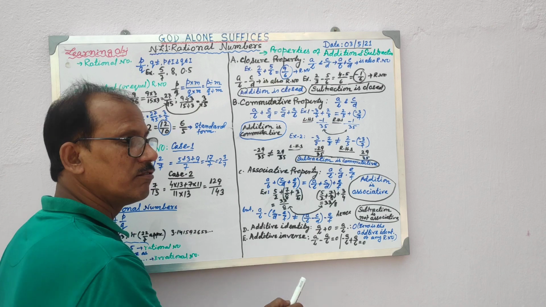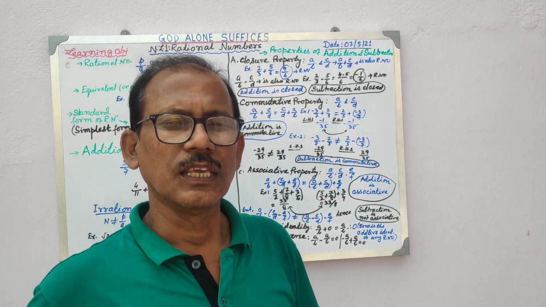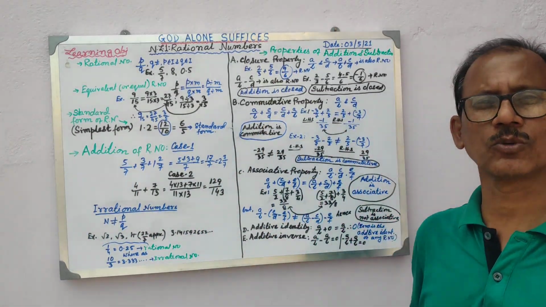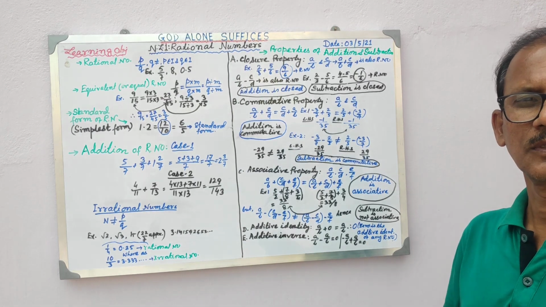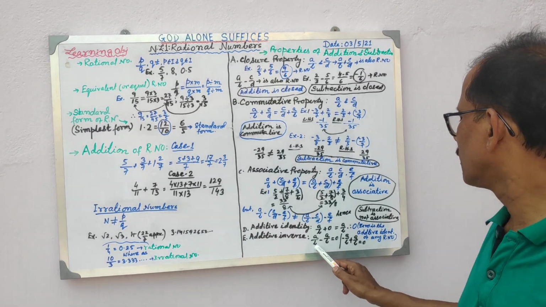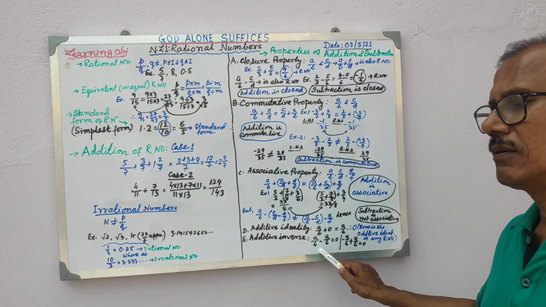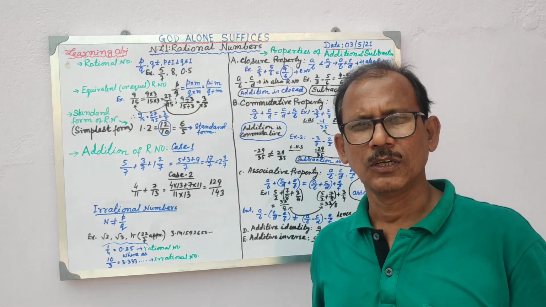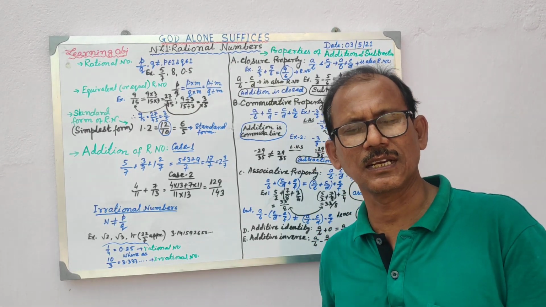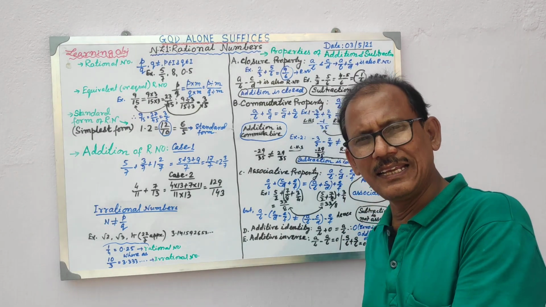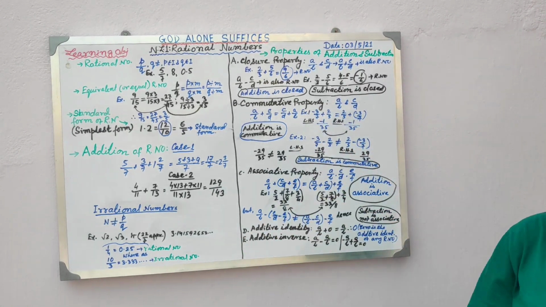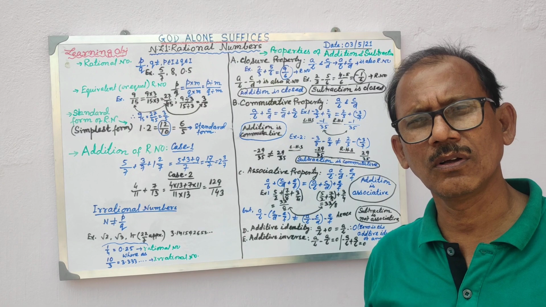Now what is the additive inverse? Something you can add to the rational number so that the value becomes 0. To understand, take a by b, with definitely a negative value. To a positive rational number, if you add the negative of the same rational number, then that value will become 0.